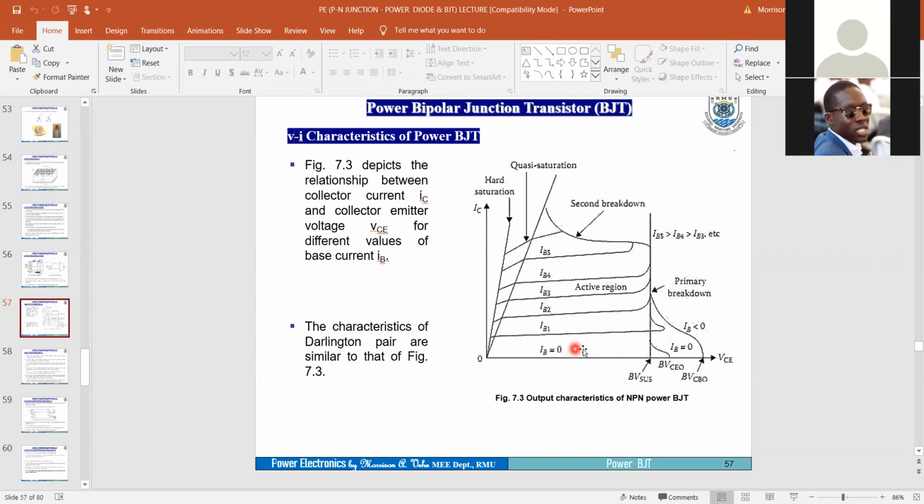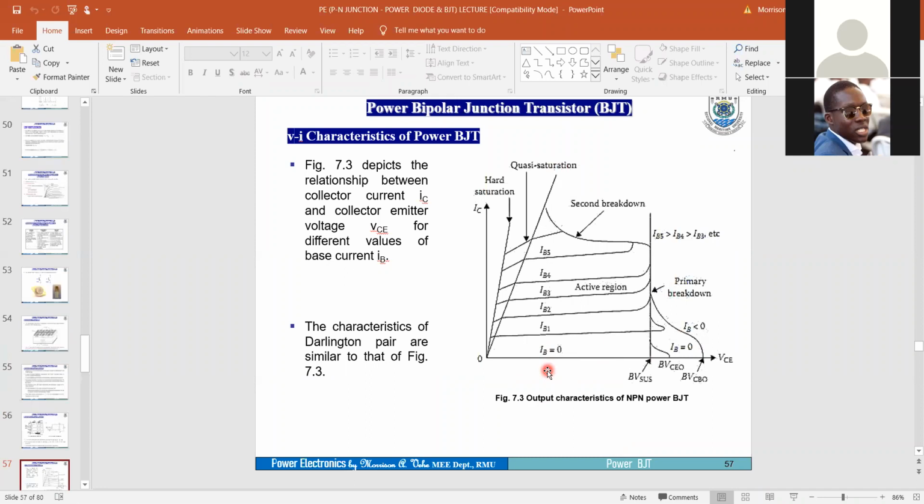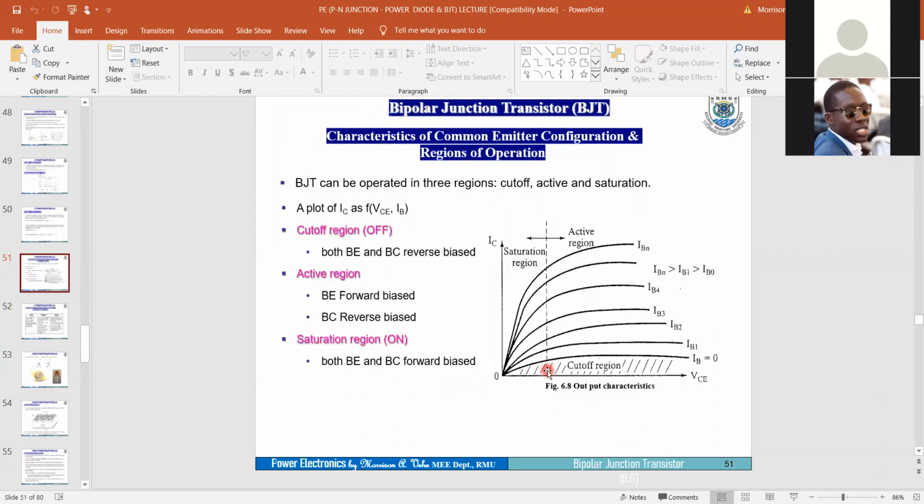You can talk about four different regions, so that when you look at the signal BJT, you have three regions: the cutoff, like you can see here, and then the saturation region, and then the active region, in the figure here.